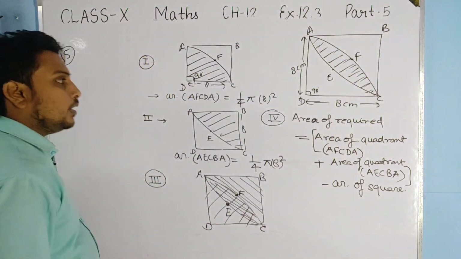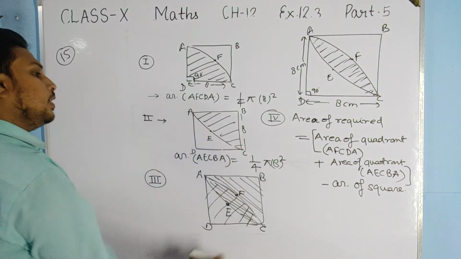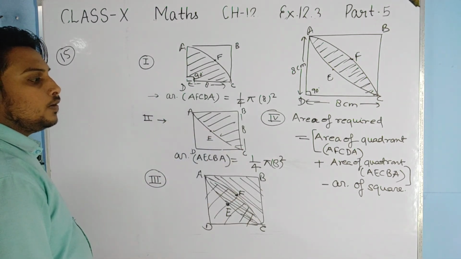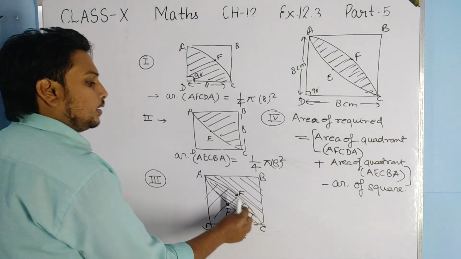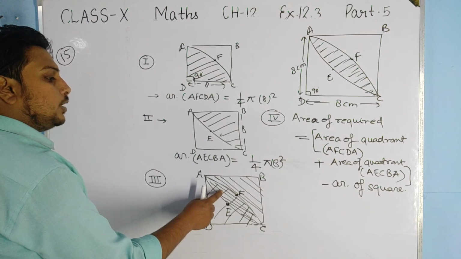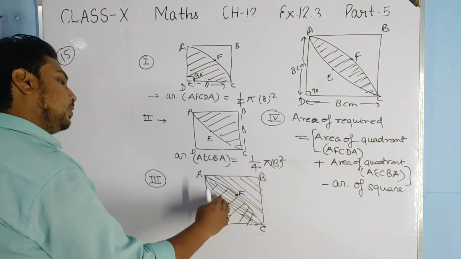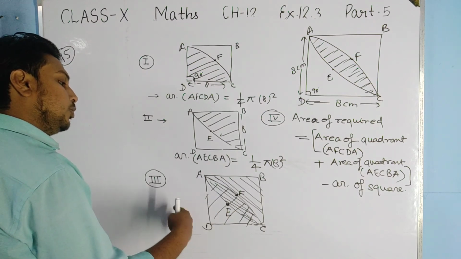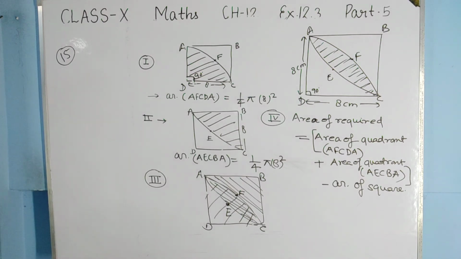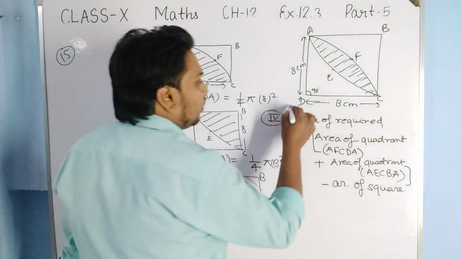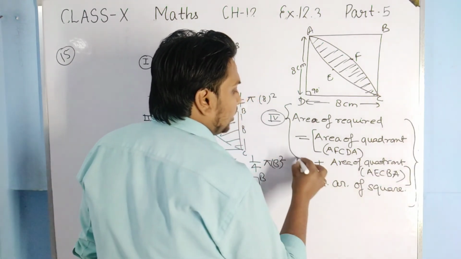So firstly we found this quadrant, then this quadrant, and then subtracted the area of the square. Since in the required region it is counted two times, when we subtract the area of the square, one time here is removed, and one time of this shaded region is also removed. So this is the main concept to find the area of a shaded region.